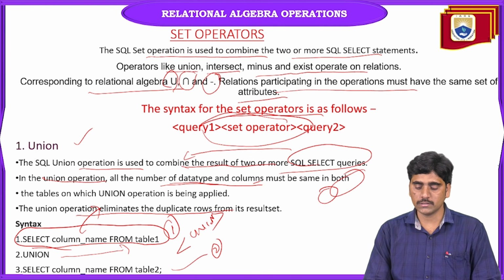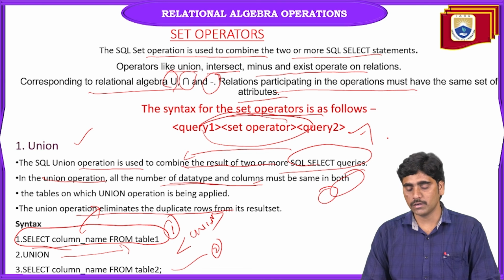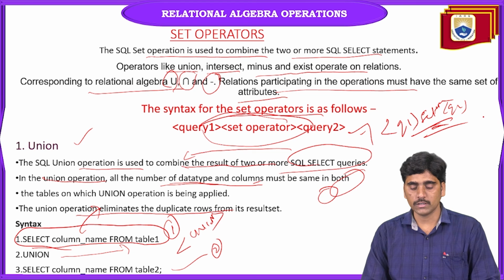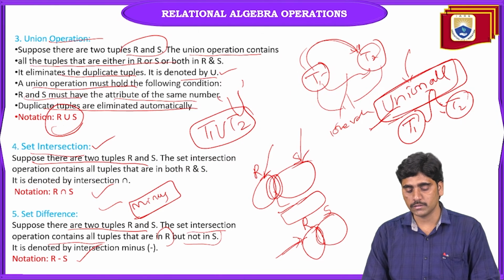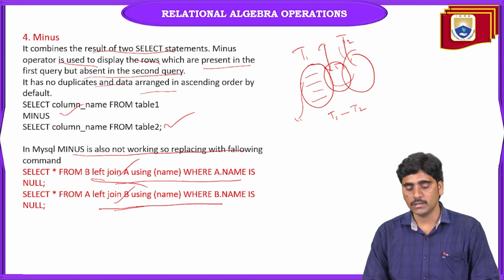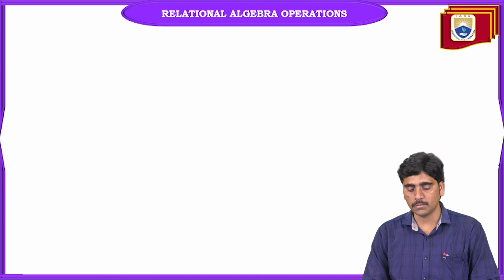The syntax to write set operators is to write query 1 and query 2, and in between them you use the set operator. This is how we can understand all these relational algebraic operators for performing different operations.